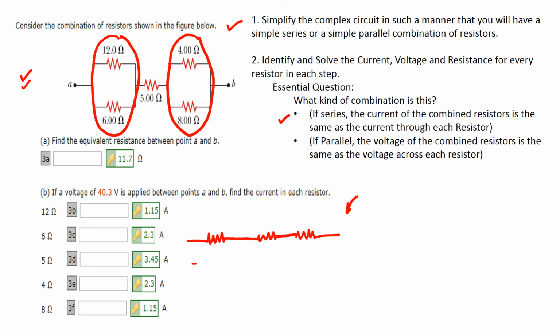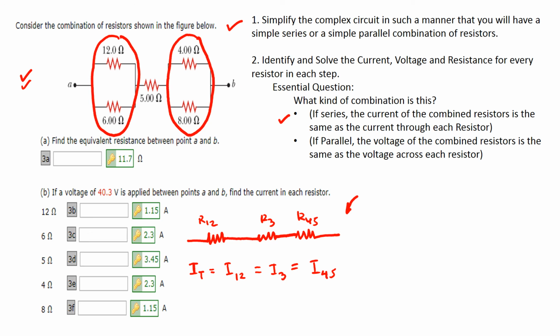So for example, the current here, if we call that current total, it's just equal to the current I12, which is equal to current I3 and current I45. If we call this R12, R3, and R45.